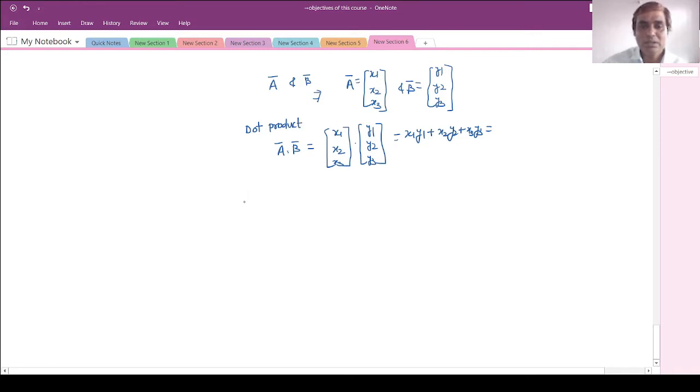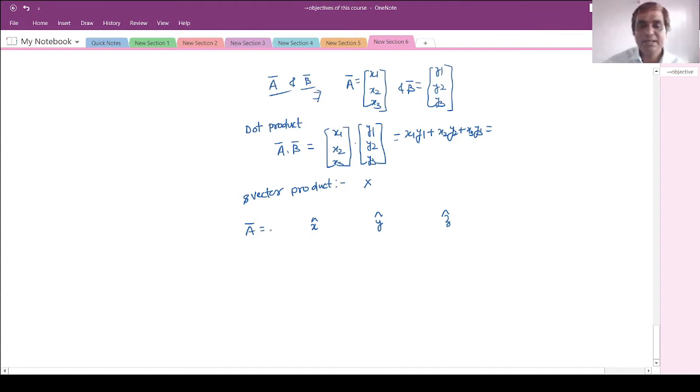Now let us look at the vector product, which we can also call the cross product, represented by the cross sign. Let me write in general a bar with 3 components, that is, a vector in 3 dimensions, with components x, y, z and unit vectors x cap, y cap and z cap.